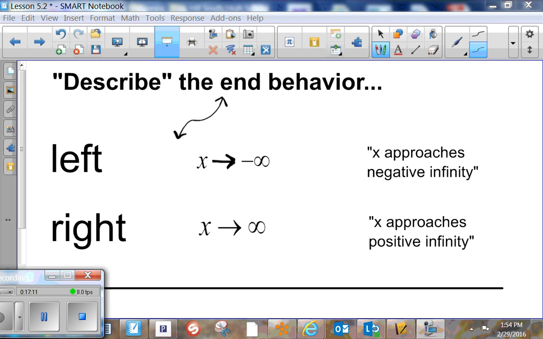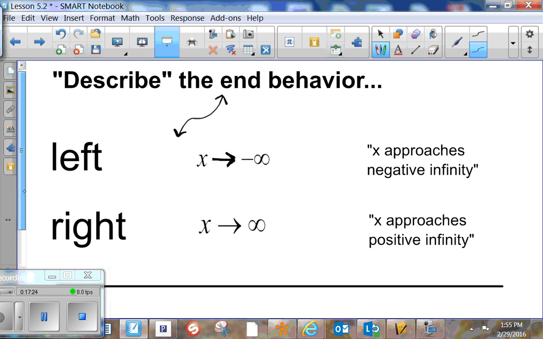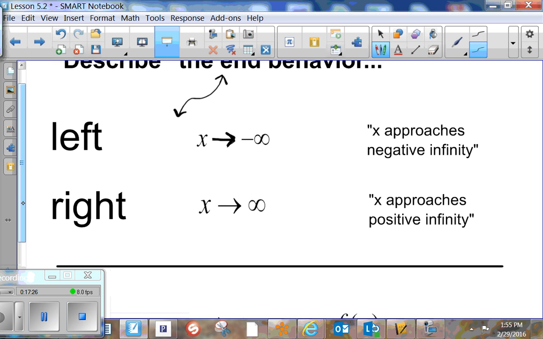So what's happening is x is approaching negative infinity, because I'm going further and further to the left. I would read that as x approaches negative infinity. To describe the right behavior, in my drawing, x is getting bigger and bigger, and as it gets bigger, this is going to go up, but my x is going toward positive infinity, the right.